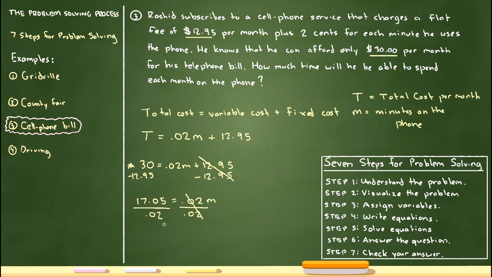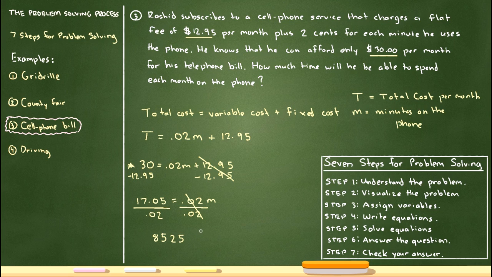And if you wanted to do this in your head without a calculator, you could do 5 times this number here, which would give you 85.25. But let me avoid the decimal point for now.